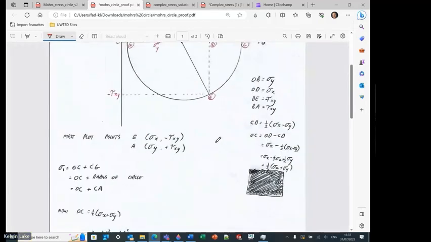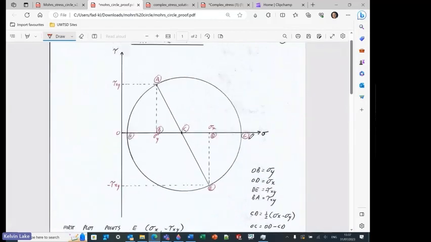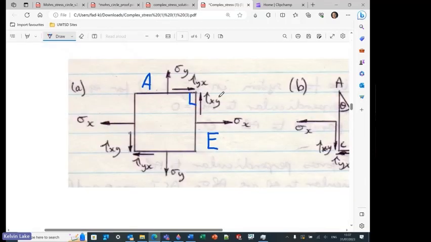So if we wanted to extract, I've just said to you that OG would be the maximum direct stress. Okay, so let's now show that that distance from O to G is in fact sigma 1, the same as using that big long equation that we came up with.